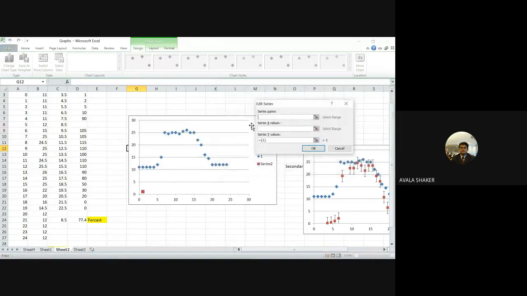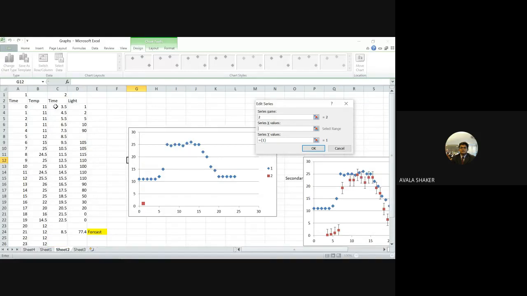Let me add one more. This would be series 2, the X values from here, and Y.